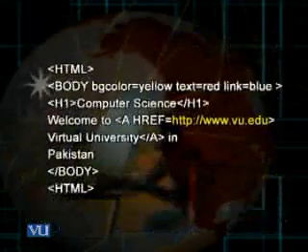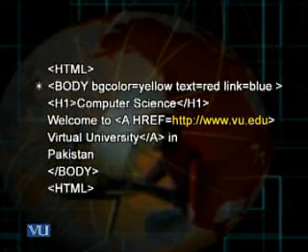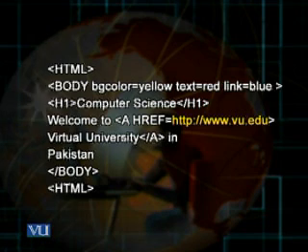As you can see in the slide, in the body tag, I have used BG color attribute, then I keep its value as yellow, I keep text as red, and then link as blue. I use a heading computer science using the H1 tag, and then I write welcome to, anchor tag, href, the value as a URL.